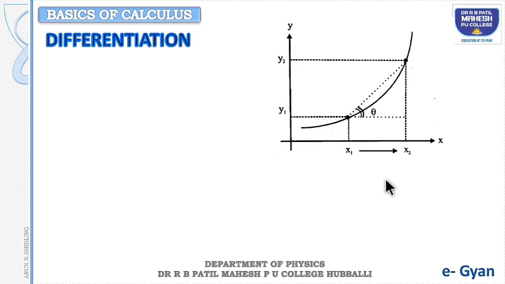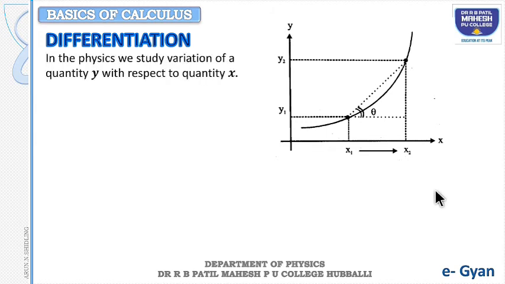Moving ahead, let us try to take this dependency or function in the form of a graph. Here in physics, we study the variation of one quantity with respect to another quantity. If I want to find out the rate of change of y with respect to x, I mean to say how much y is going to change with a small change in x.